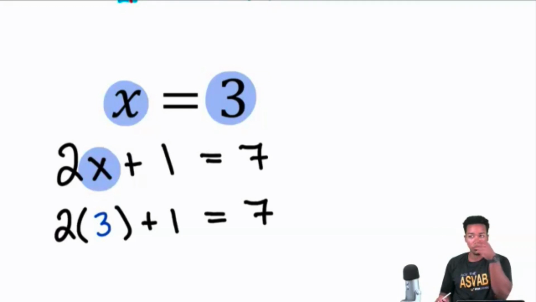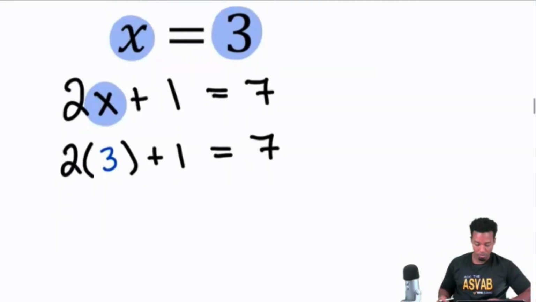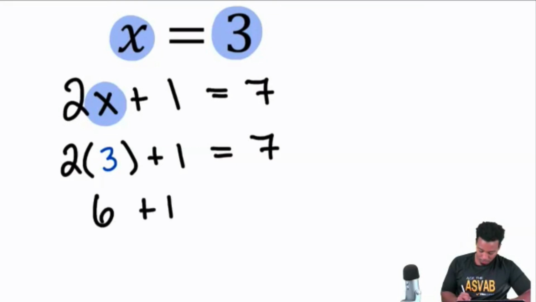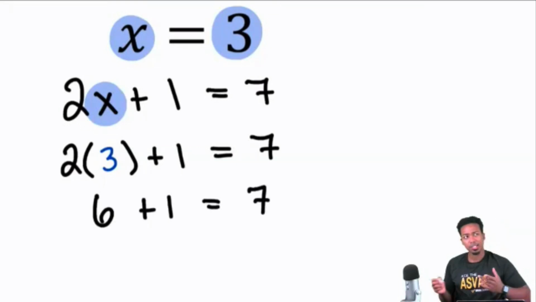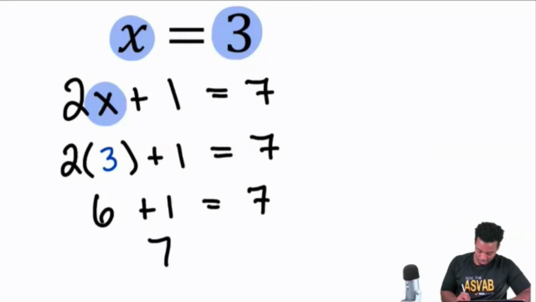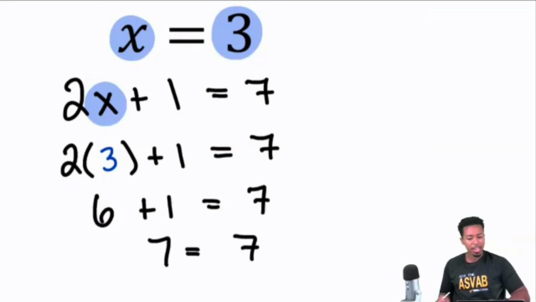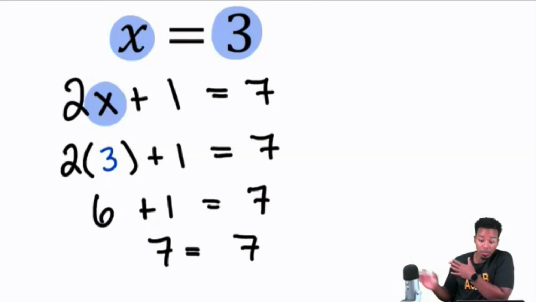Everybody help me out. 2 times 3 is what? Correct. 6 plus 1. Everybody, is 6 plus 1 7? Yeah, it is. Cool, we're good. And everybody, does 7 equal 7? Right, 7 does equal 7. We're good. We're set. This is a true statement.